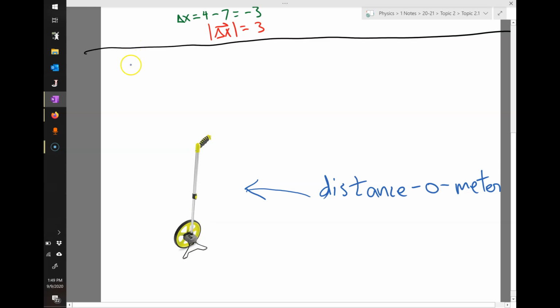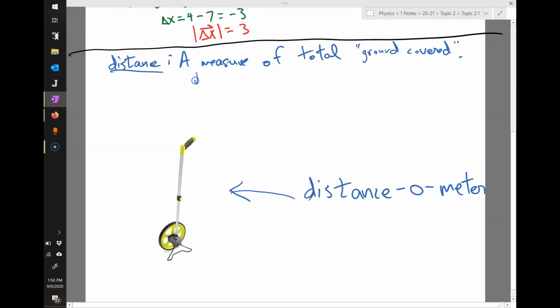So distance is a measure of total, let's say, ground covered, and that's not an official definition. It is not a vector, so it does not have a direction.